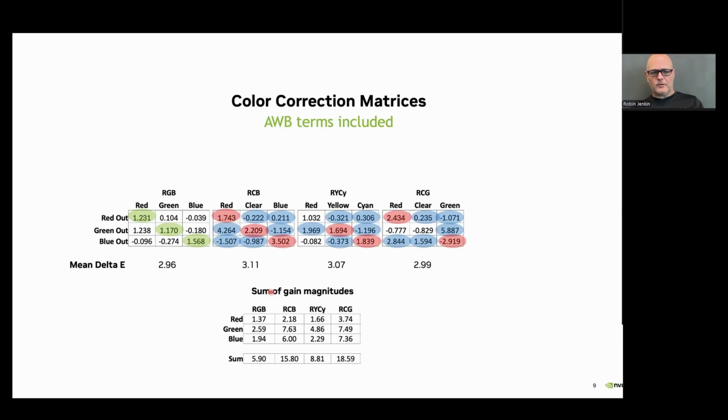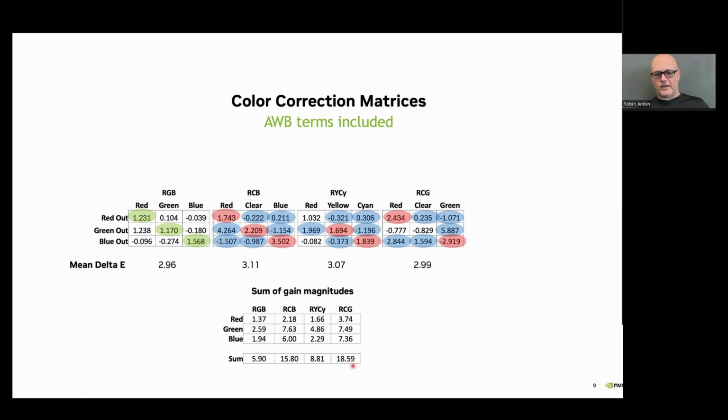But if we just sum the magnitudes of the gains that were applied, which is a very crude first order metric to look at how much we have to gain up each of the original colors and then subtract them, then we see that the overall gains that we're applying to the RGB are very much smaller than any of the other systems. And this really explains why we're getting better color separation for the RGB when we're looking at differences between colors than any of the other channels as well.